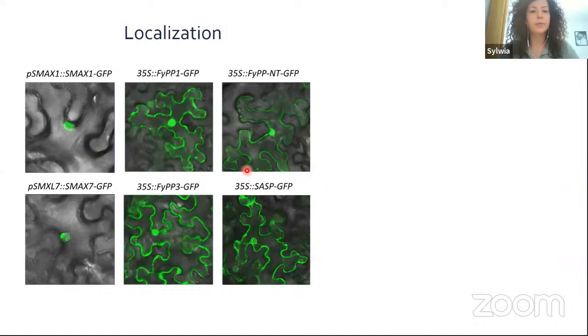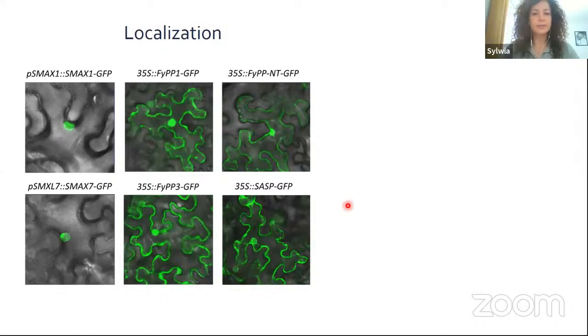Therefore, we cloned only one domain, which is the SAPS domain of SAL4. But this domain was already shown for mammalian PP6 to be sufficient for the interaction with the catalytic subunits, and also probably for interaction with the target proteins. And the SAPS domain was also localizing to the nucleus and cytoplasm.